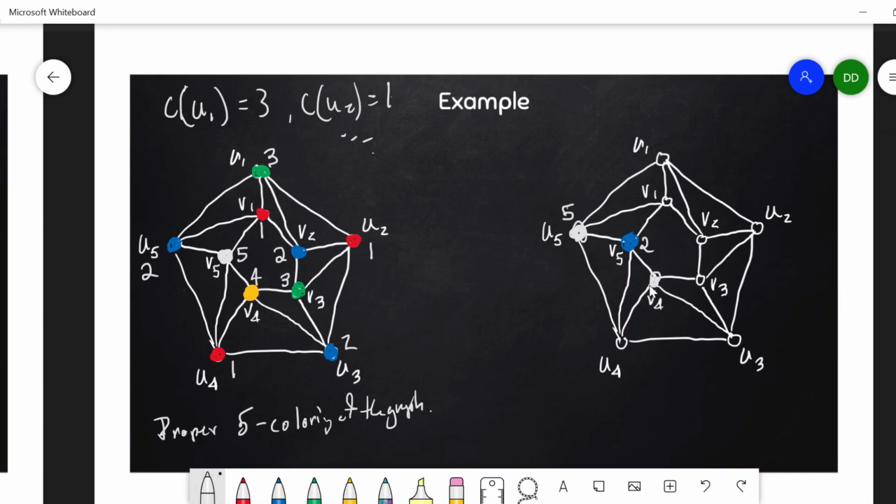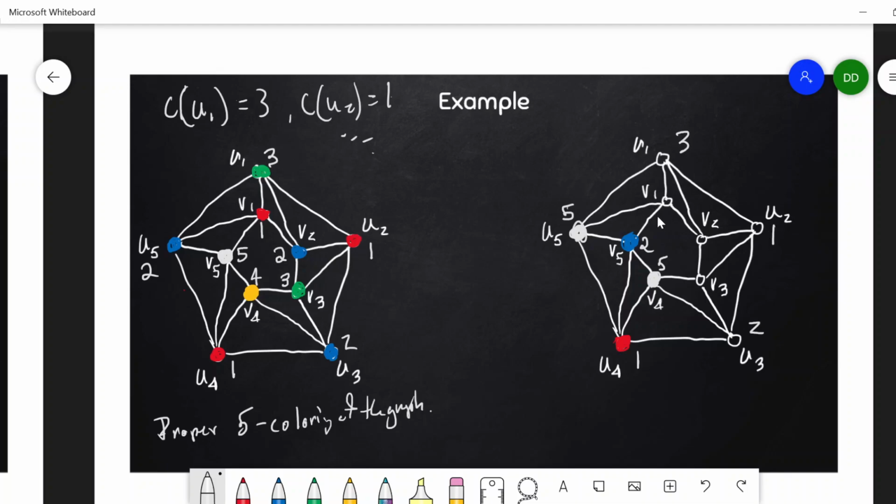I'll color V4 with color 5. So let's see. U4 and U3, I'm going to keep the rest of it the same. Oops. Sorry, I didn't want to do that. I want to color these the same. So I want to give this a 1. Give this a 1. Give this a 2. Give this a 1.